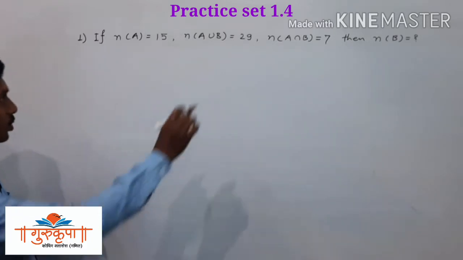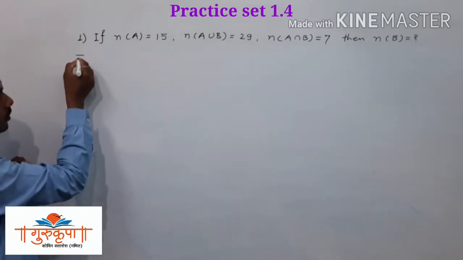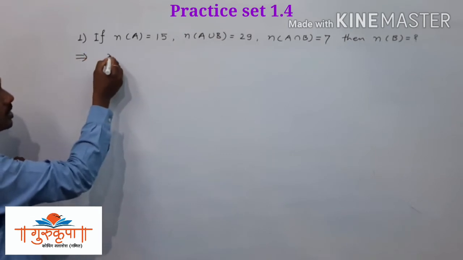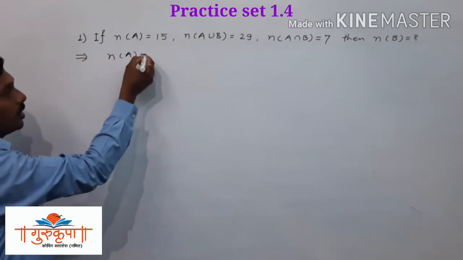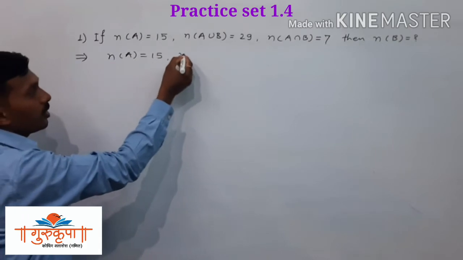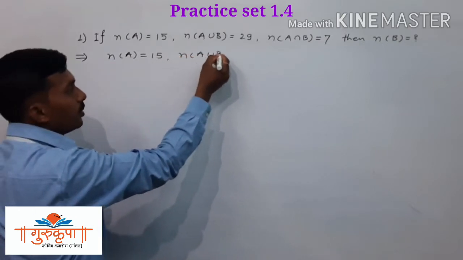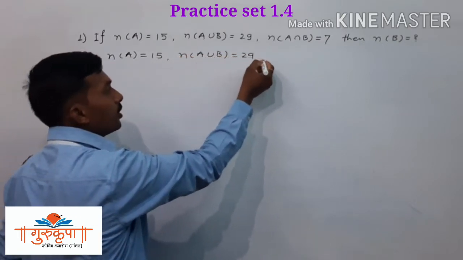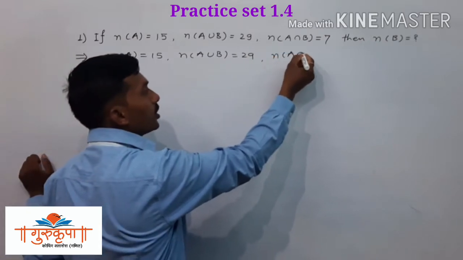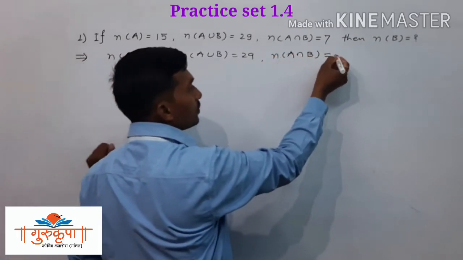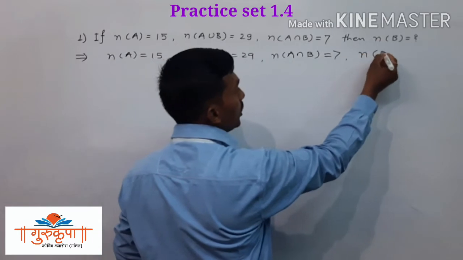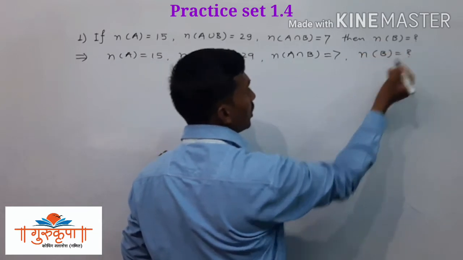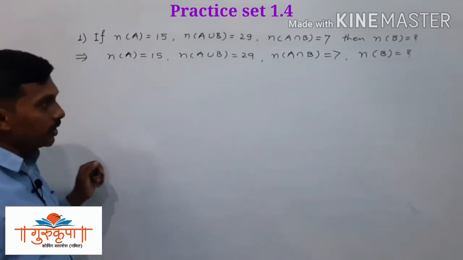We have to find the number of elements in the set B. First we will write the available information: n(A) = 15, n(A union B) = 29, n(A intersection B) = 7, and we have to find n(B).